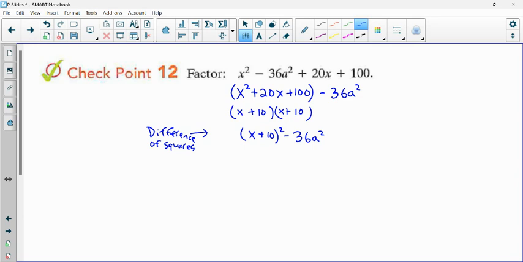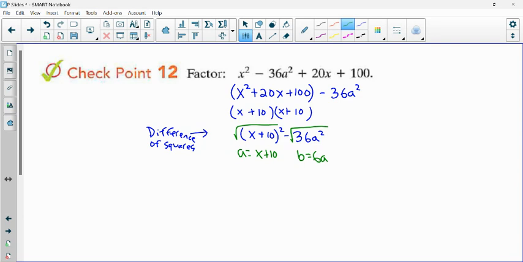So remember, in difference of squares, we would take the square root of the first term, and that would be our a. So if I take the square root of x plus 10 quantity squared, what does that equal? x plus 10. So our a in this case is x plus 10. Our b would be the square root of the second term, and the square root of 36a squared is 6a.